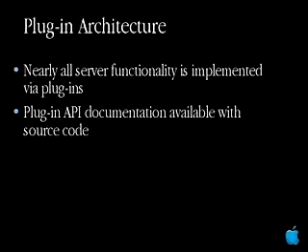Another thing we did with the 2.0 release is we added a plugin architecture to the server. We realized early on that developers were going to want to extend the server, and we figured that if we just left them with open source, they would hack the server up and it would be a miserable mess for everybody. So we added a plugin architecture. Two of its goals were that it be easy to use and high performance.